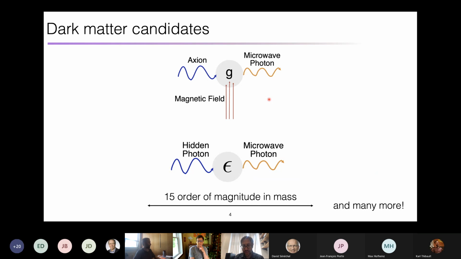And so in particular, there are these two candidates. One is called the axion, and one is called the hidden photon. Again, I don't want to talk too much about their high energy properties, but they have a few important characteristics.